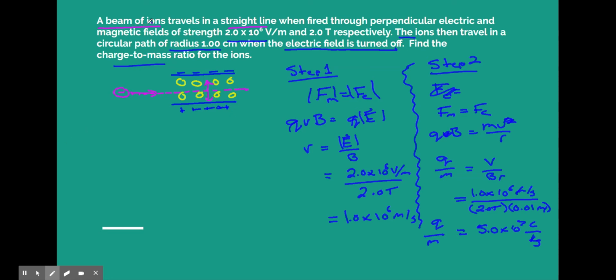So this is kind of a typical example. We got away from electrons, but certainly we can go back to electrons and do some calculations involving those. But it's really this two-step process, this relationship between what was happening when we had balanced forces versus what happened when we had an unbalanced force and an accelerated motion, like the centripetal force, circular motion.